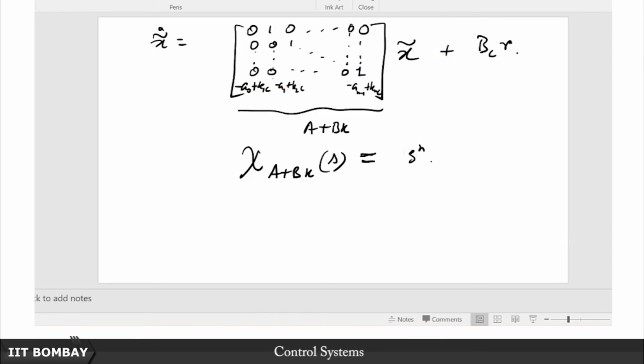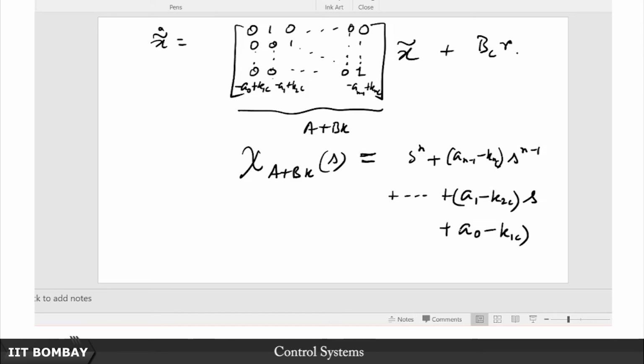s to the n plus (a_{n-1} minus k_n c) times s to the n minus 1 plus dot dot dot till (a_1 minus k_2 c) times s plus (a_0 minus k_1 c).